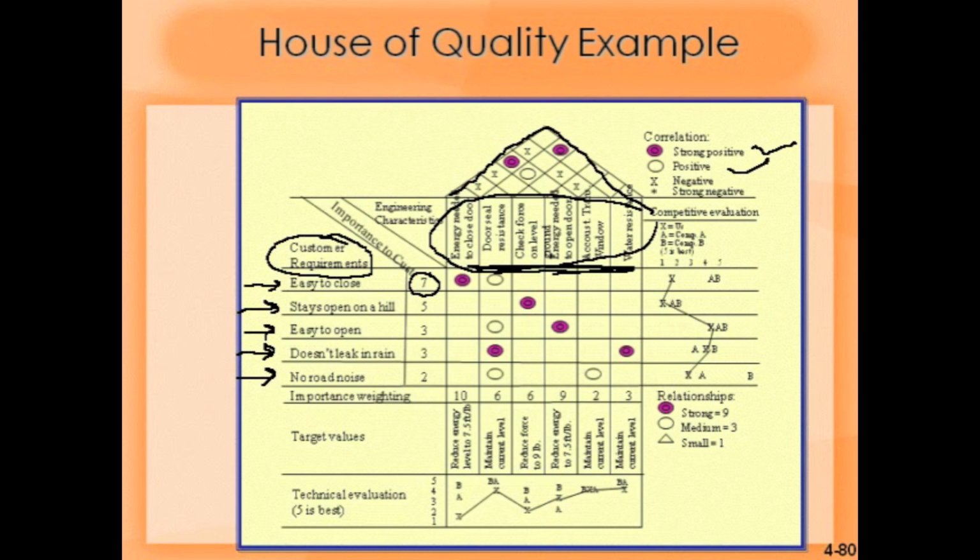If it is positive, just a circle, negative cross, and strong negative star. And then you have the competitive evaluation on the right side. So two competitors, A and B, along with X, which is this company. And then you have the technical specifications on the bottom.